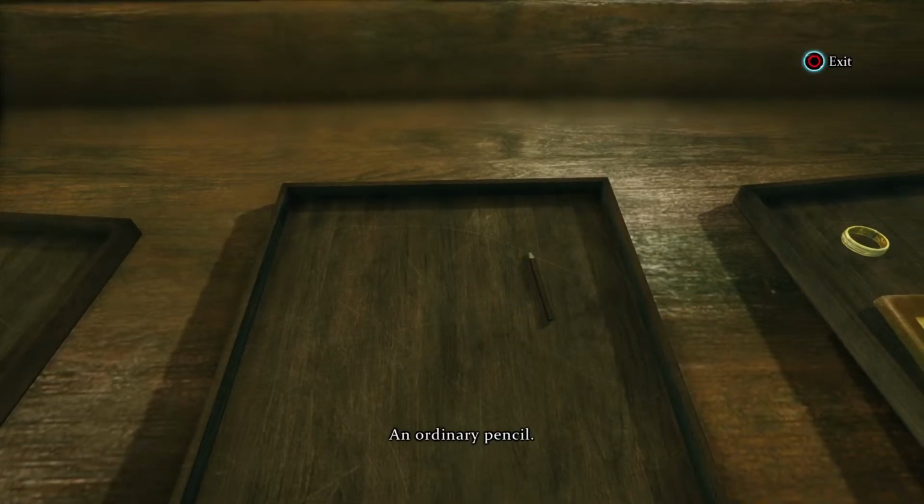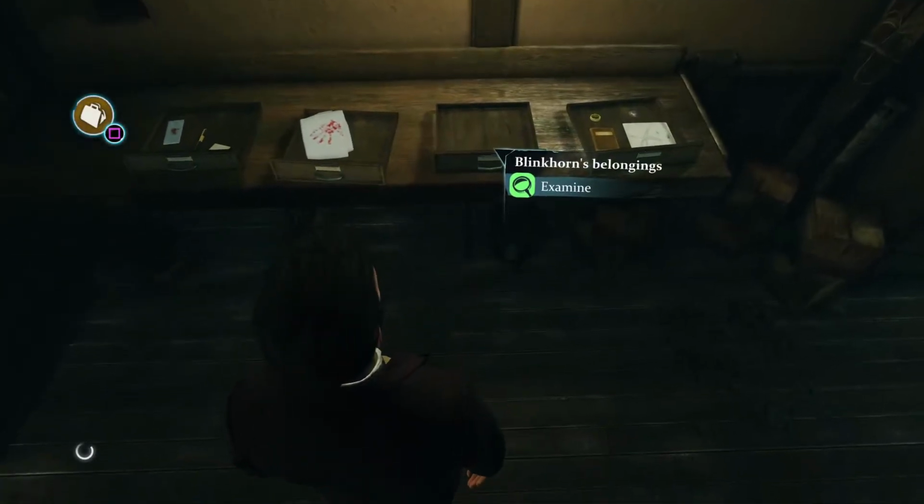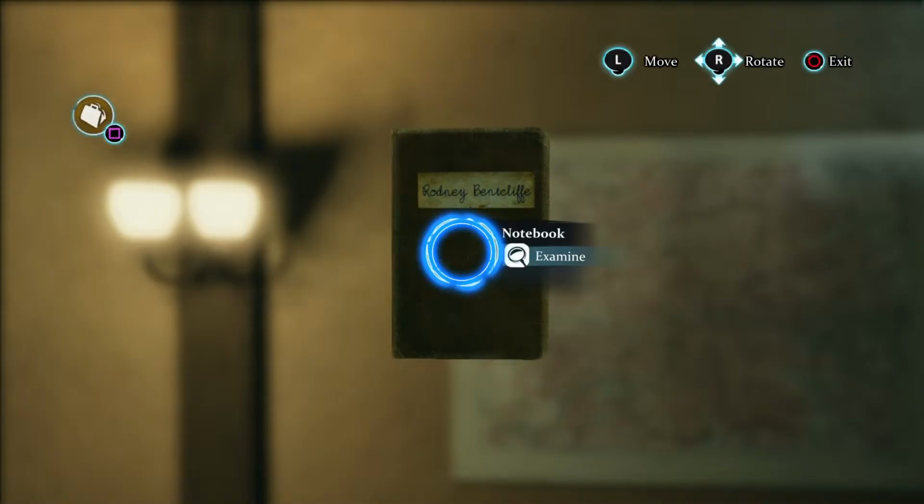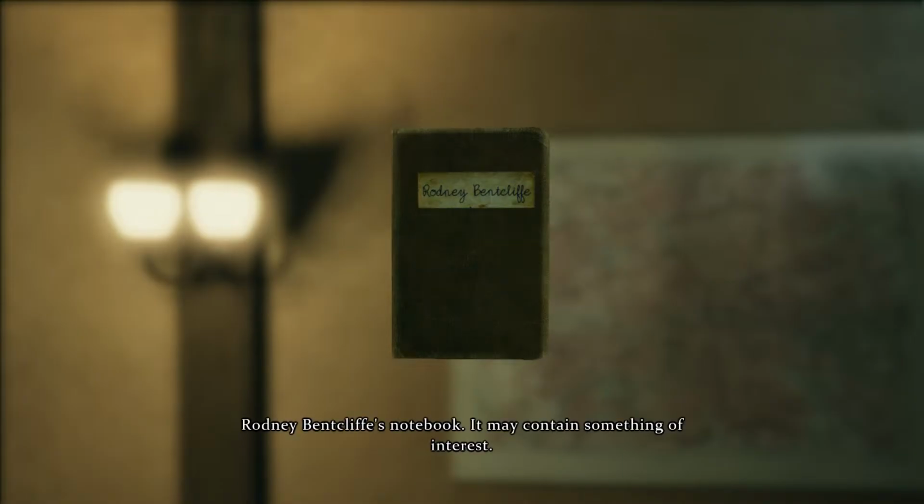An ordinary pencil. Rodney Bentcliffe's notebook. It may contain something of interest.